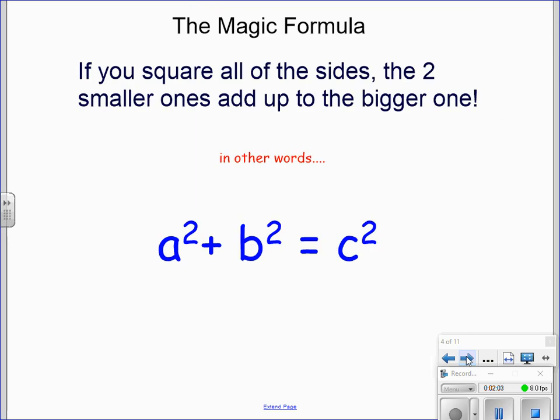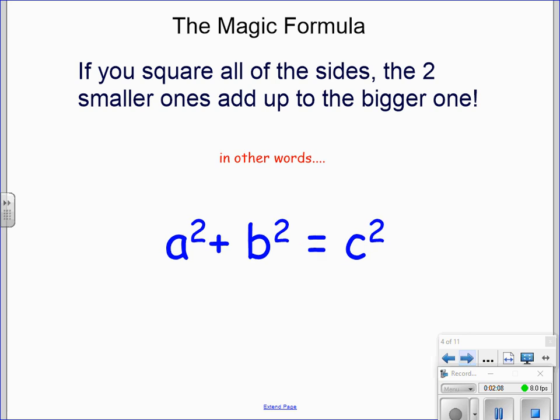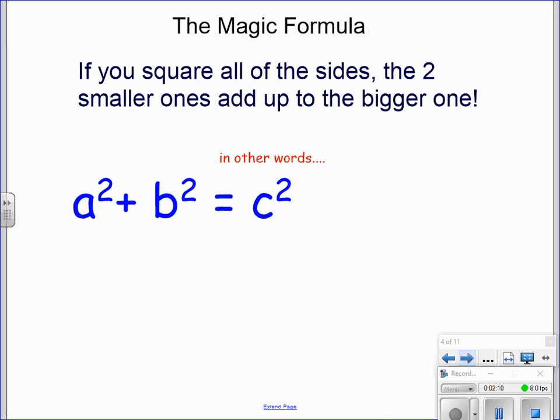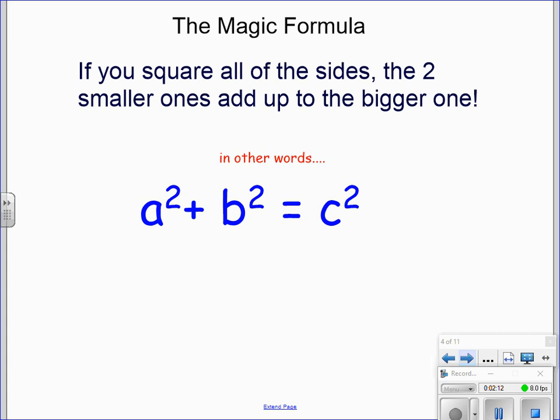All right, the magic formula that Pythagoras came up with is this formula right here: a squared plus b squared equals c squared.